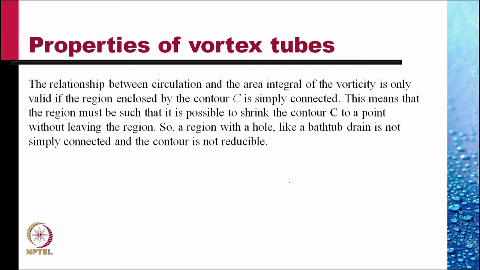So a region with a hole like a bathtub drain is not simply connected, since any contour that we take around it cannot shrink to a point. The bathtub drain would come in between.